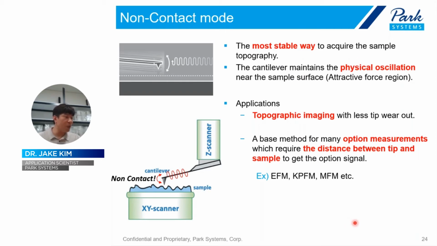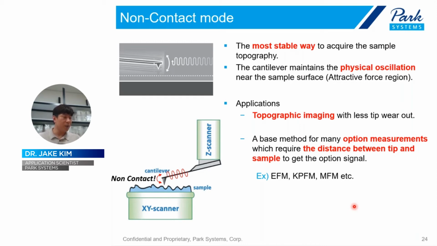In contact mode, the AFM tip physically contacts the sample surface, but in this non-contact mode, there is no contact. The AFM tip is positioned over the surface, a few nanometers or tens of nanometers above the sample surface, and keeps a certain distance between the AFM tip and the sample surface.